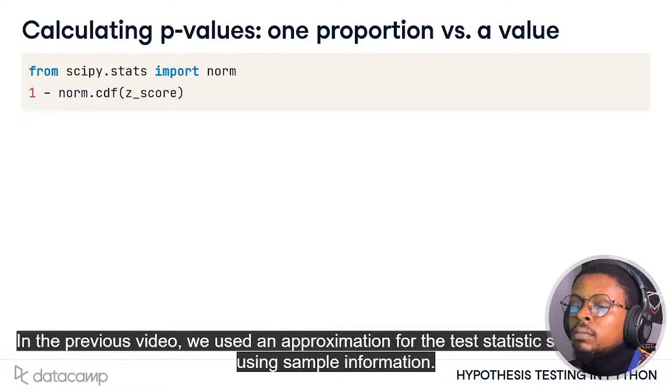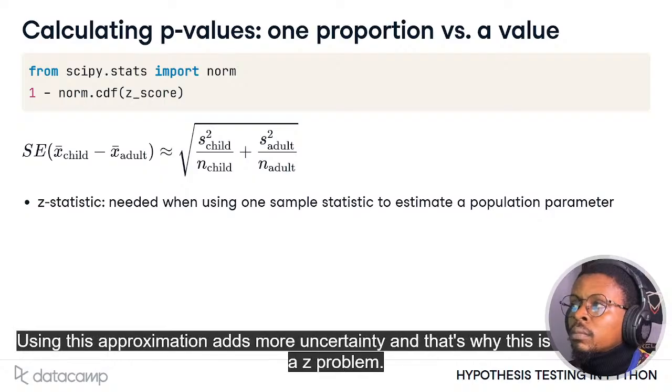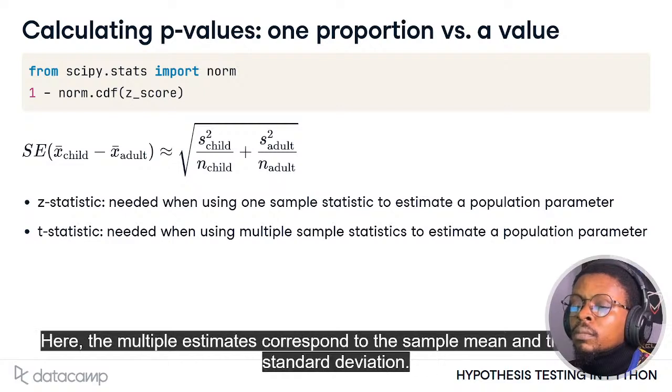In the previous video, we used an approximation for the test statistic standard error using sample information. Using this approximation adds more uncertainty, and that's why this is a t instead of a z problem. The t-distribution allows for more uncertainty when using multiple estimates in a single statistic calculation. Here, the multiple estimates correspond to the sample mean and the sample standard deviation.